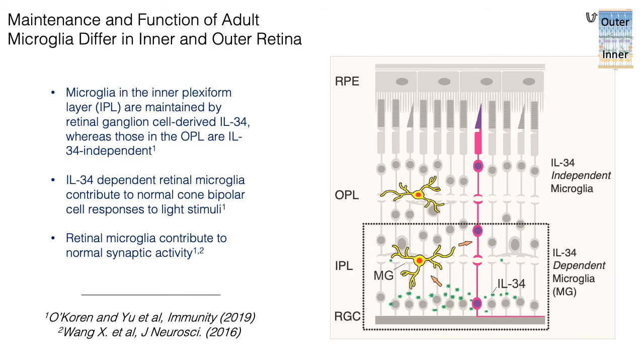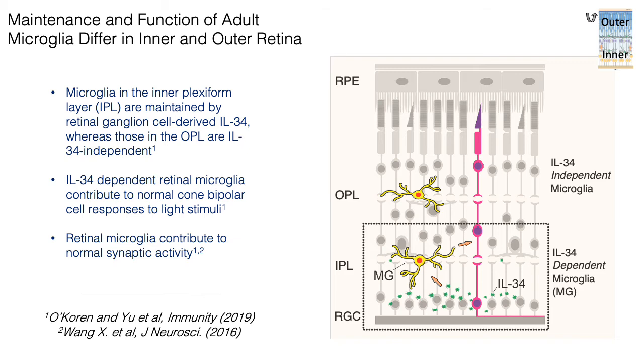Now, what we also showed in this study, which was very interesting, is that though these microglia come from the same yolk sac origins, eventually, in the adult situation, they are maintained in different ways in the distinct compartments of the retina. For example, microglia in the inner plexiform layer are IL-34 dependent. This is a hematopoietin. In the case of the retina, it's expressed by retinal ganglion cells.